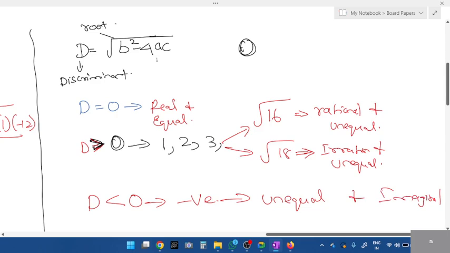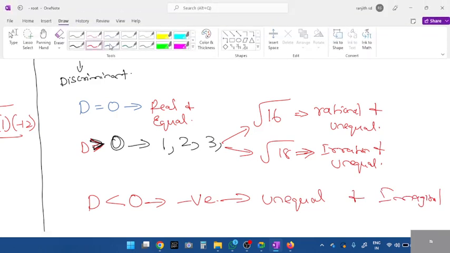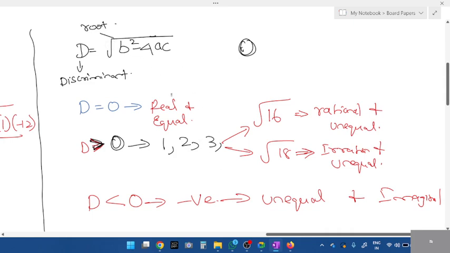When do you mark all this? After solving the question. So first you should be thorough with this topic. Solving the question is very easy. Make a note of this. If it is equal to 0, equal, real. If D is greater than 0 and you get a perfect square value, it is a rational number, unequal.